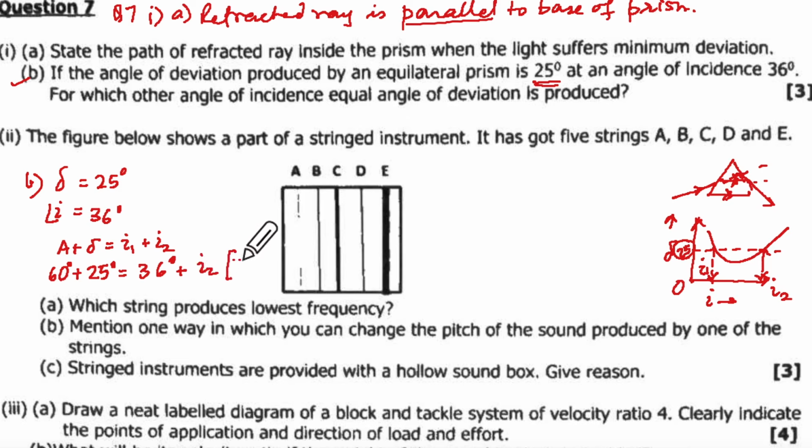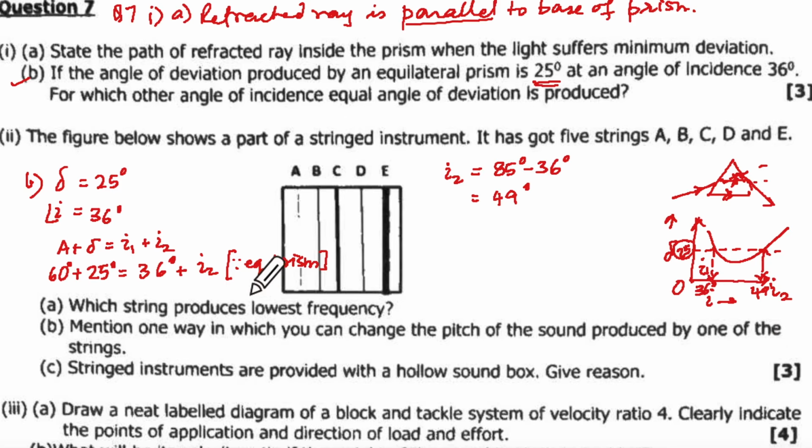So how much will be I2? I2 will be 85 degrees minus 36 degrees. Okay, so 85 minus 30 is 55. 55 minus 6 is 49 degrees. Okay, did you understand this? So if this is 36 degrees, this one is going to be 49 degrees.